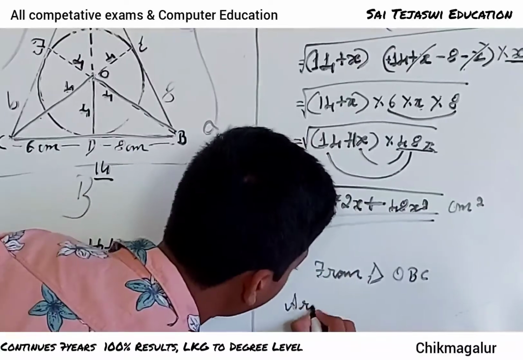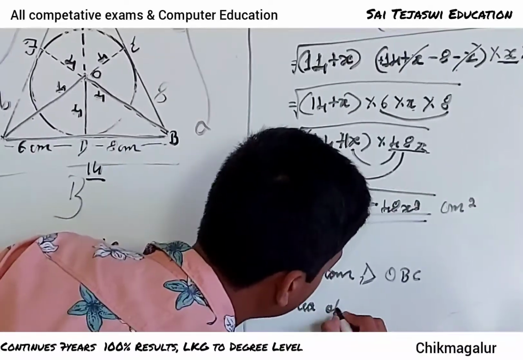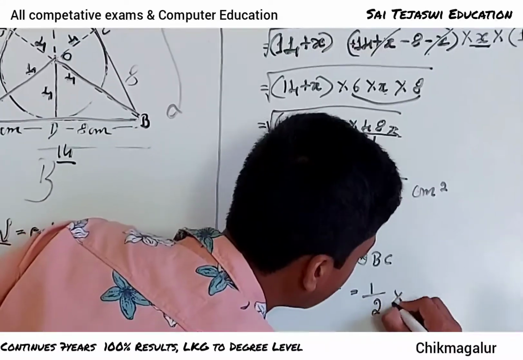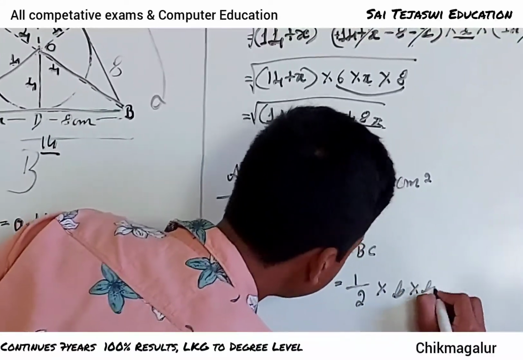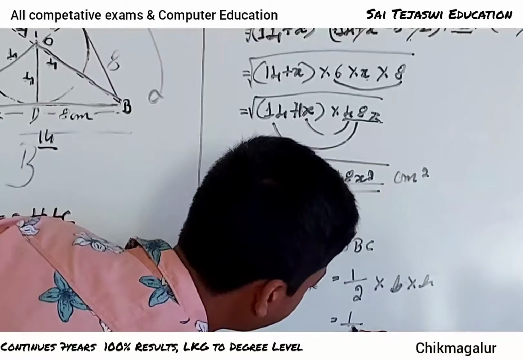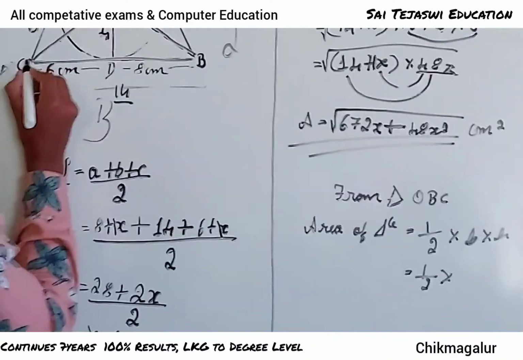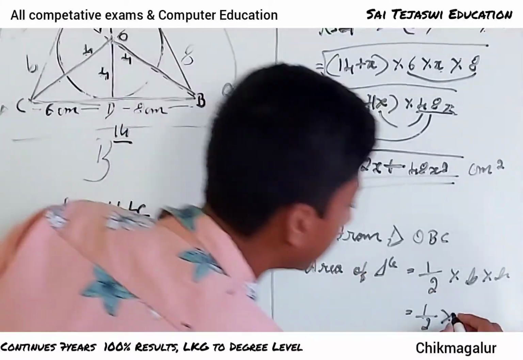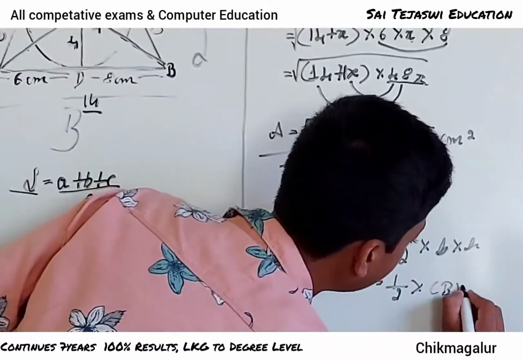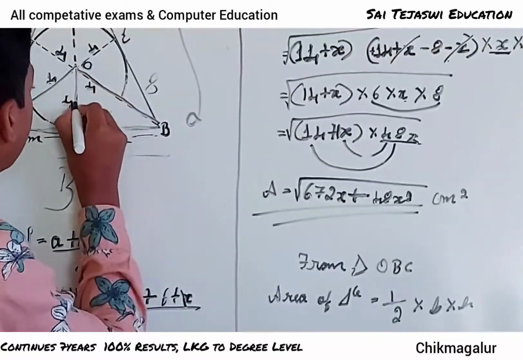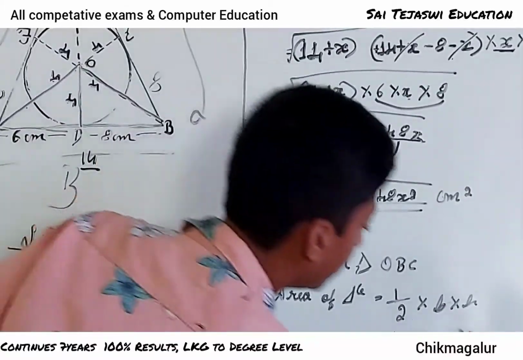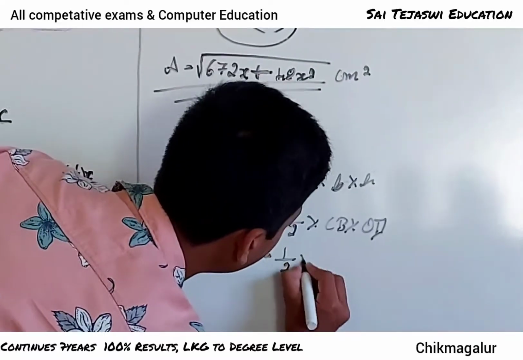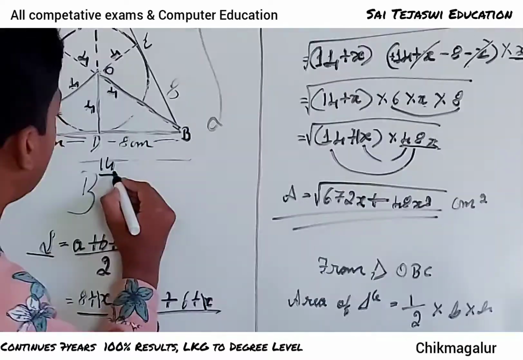So area of triangle, we should apply the area of triangle. Area of triangle equals to half into base into height, which is half into, here the base is CB. This is the base, so we consider here CB into height is, this one is the height. So it is OD, which is equals to half into, the value of CB is 14.